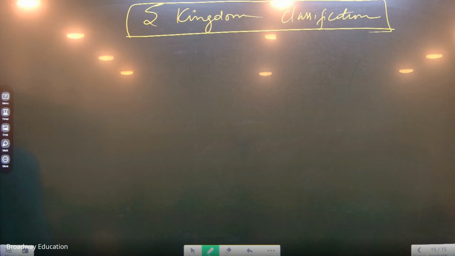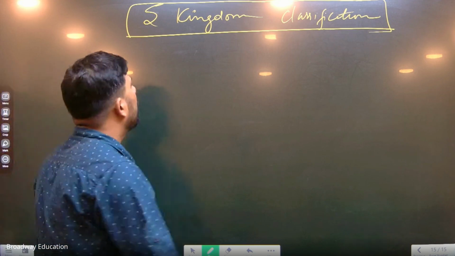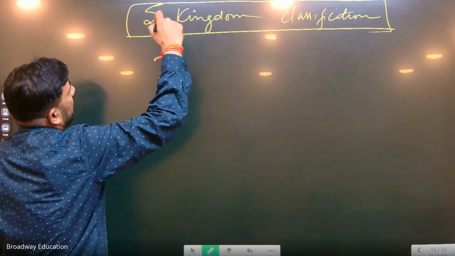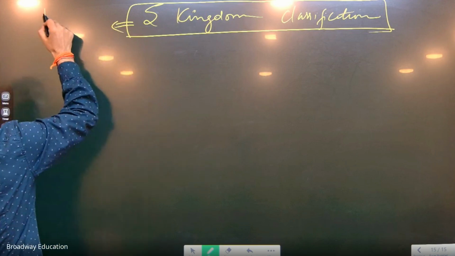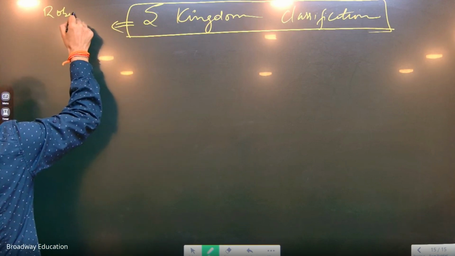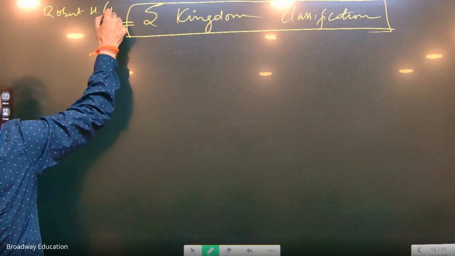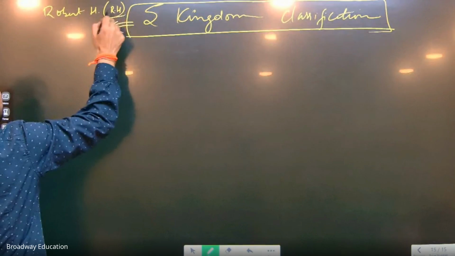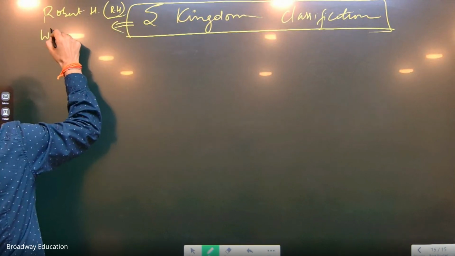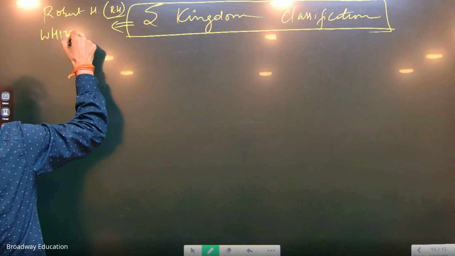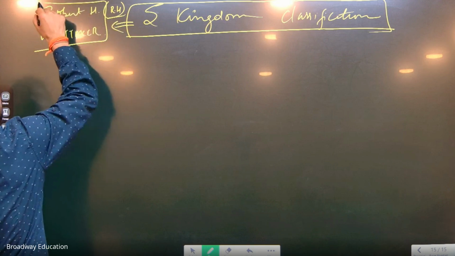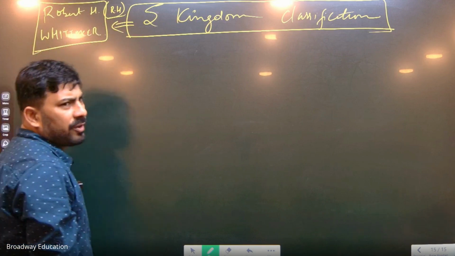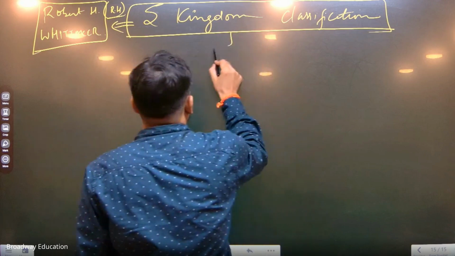Ah, Robert Whittaker only. Okay. So please write, the five kingdom classification was propounded by R.H. Whittaker, or Robert H. Whittaker. Now, according to him, he classified.